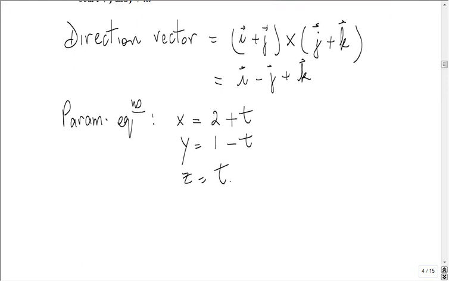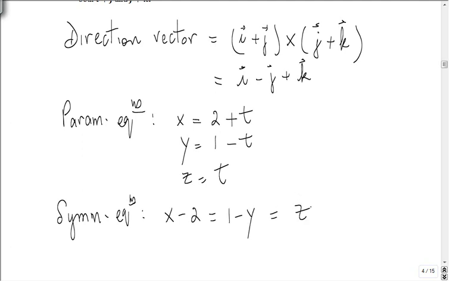And then the symmetric equations, let's solve for t. First one, t is x minus 2. Next one, t is 1 minus y. And t is z.